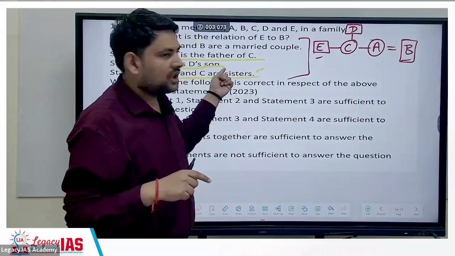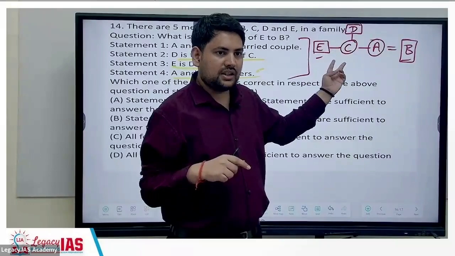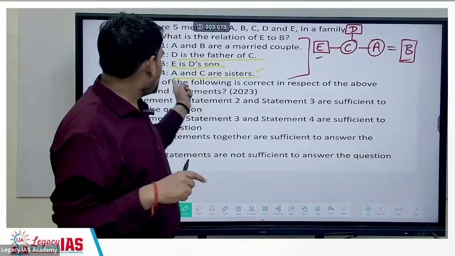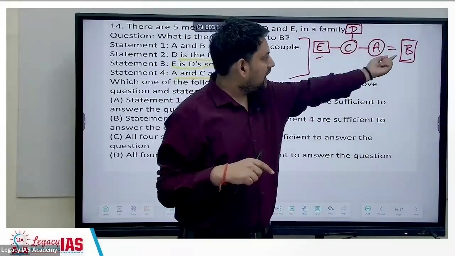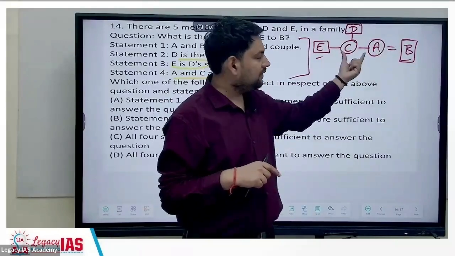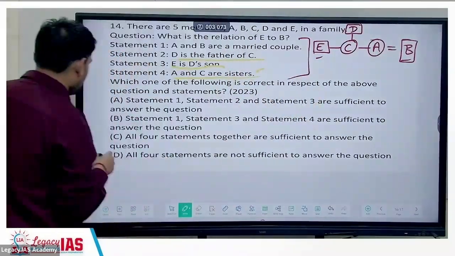E is D's son. So unless we establish D and C, we cannot establish this relation. The last one is A and C are sisters. For this part and this part to be connected, we need this connection as well. So all four sentences are needed to get to this answer.